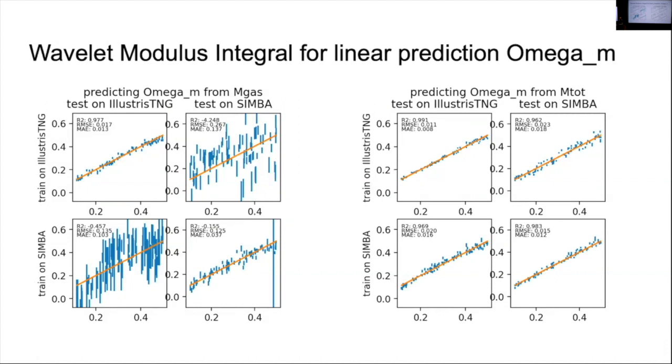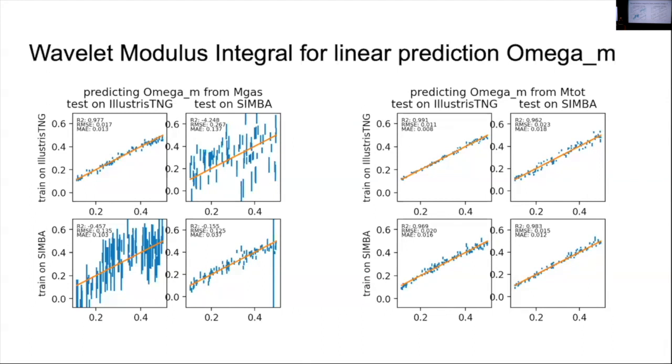And the 4 plots basically tell you whether you trained on TNG or Simba, or tested on TNG or Simba. And what you can see for the gas mass is if you train and test on the same simulation type, then you get good predictions, but they deteriorate on the off diagonals between the types of simulations.